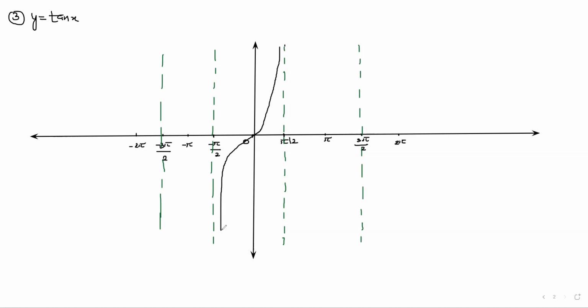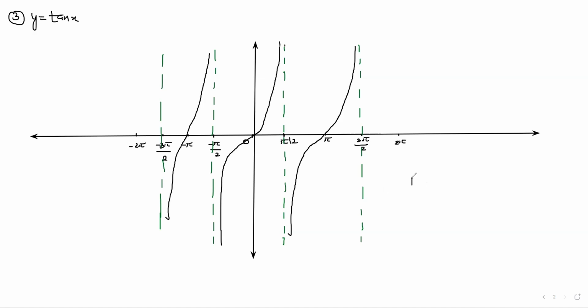Okay, so the graph will be like this. At tan 0, the value is 0. For pi by 2, it is not defined, so it will go this way. Similarly, for pi, the value is 0, so this will be drawn this way. Similarly, for minus pi, the value is 0. So this will be the graph of this.